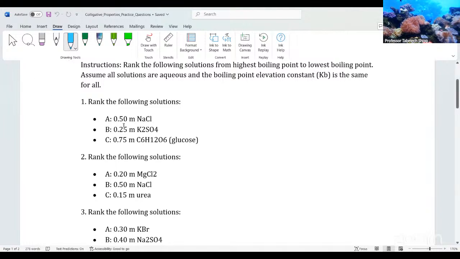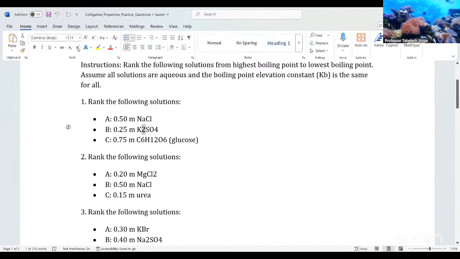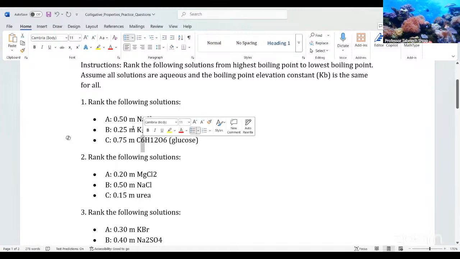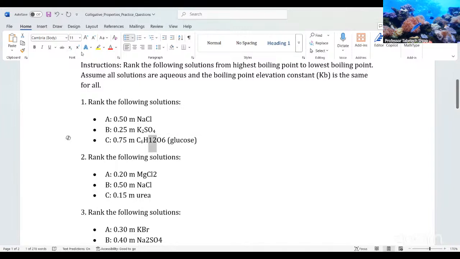Let me go ahead and set these subscripts in the proper way so that you don't get confused. Here's what you have to be mindful of: these subscripts, depending on what the substance is, will indicate whether or not you're going to include them in your Van't Hoff factor.